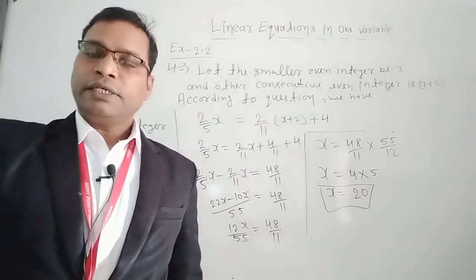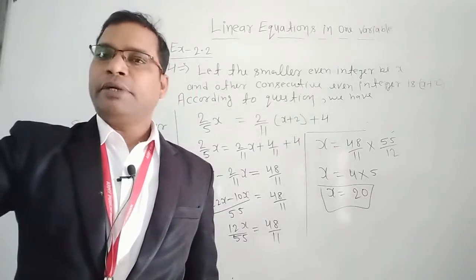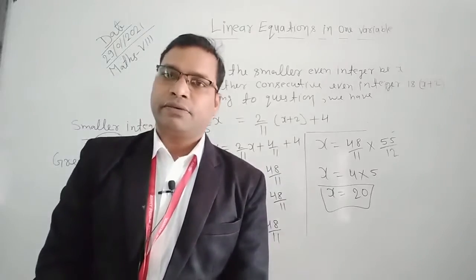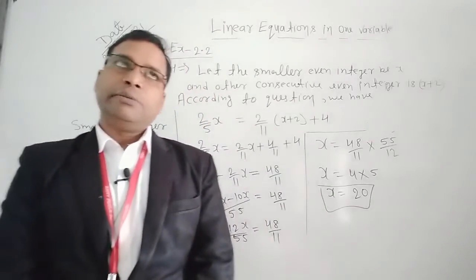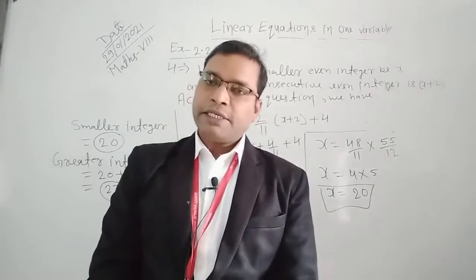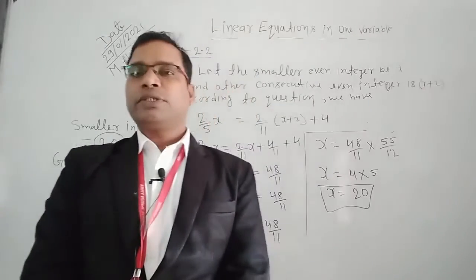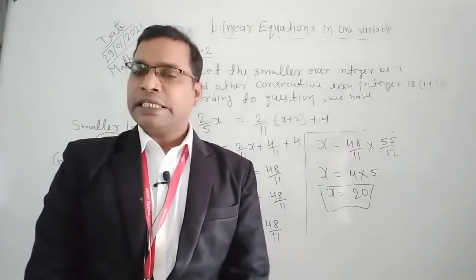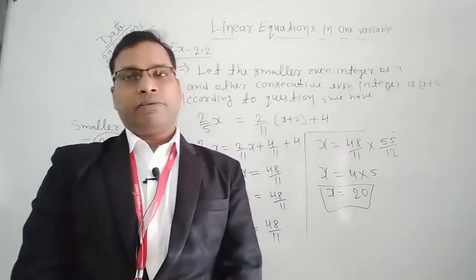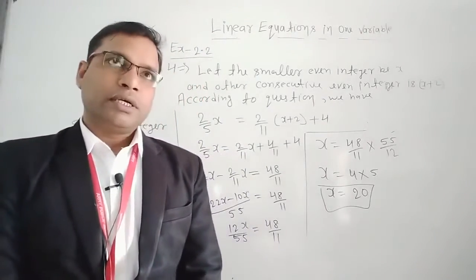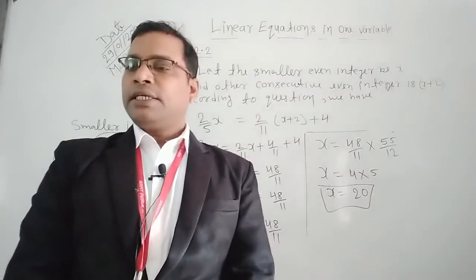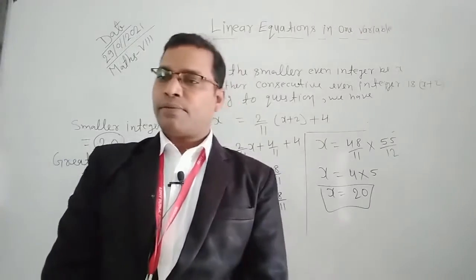In this question, it is given that the denominator of a fraction exceeds its numerator by 4. If you let the numerator be x, then the denominator is x plus 4.